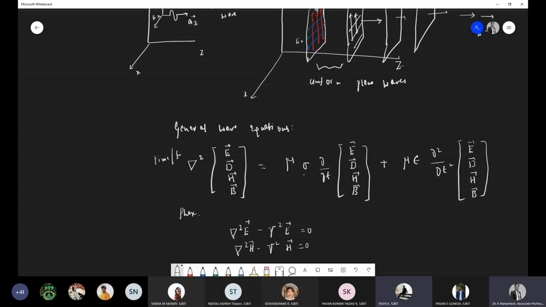Where zeta square is the propagation constant given by j omega mu sigma plus j omega epsilon naught, and this is called the propagation constant.